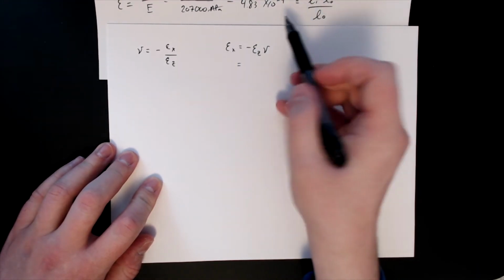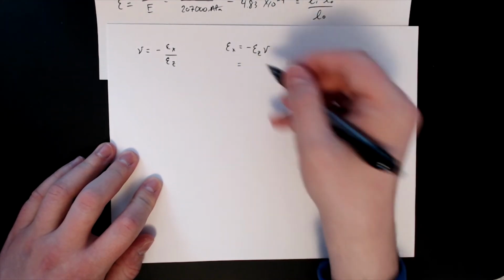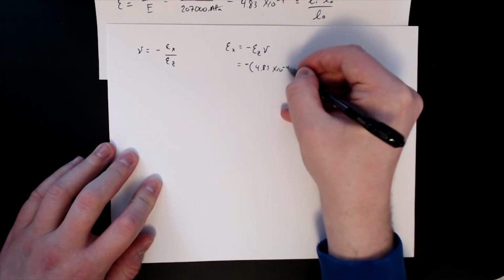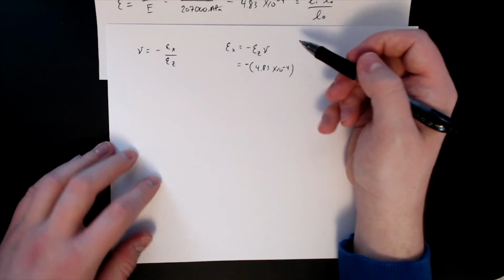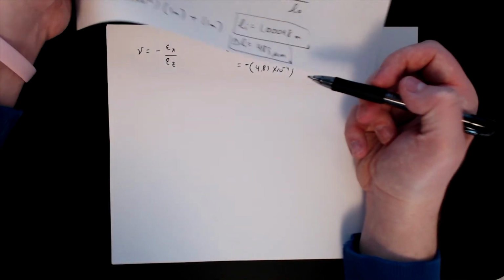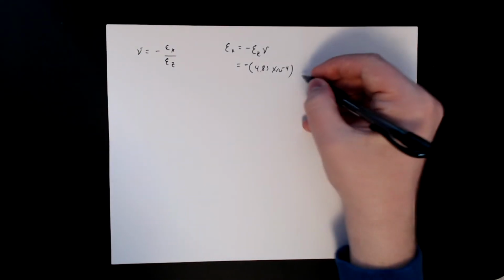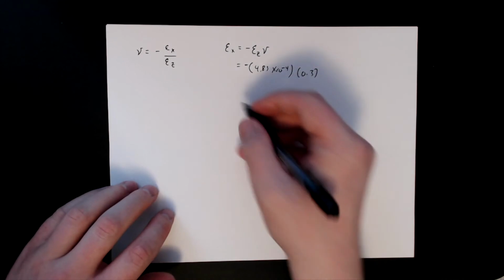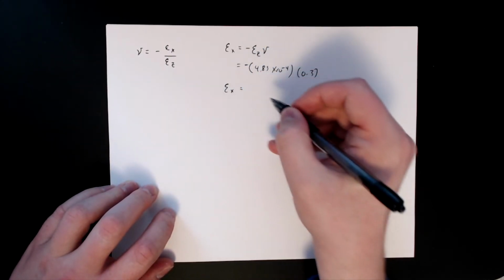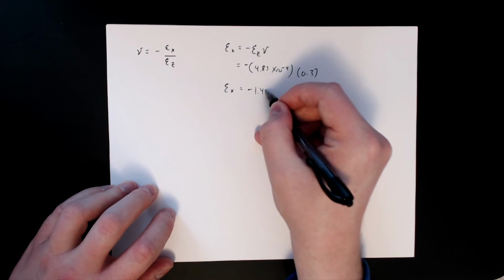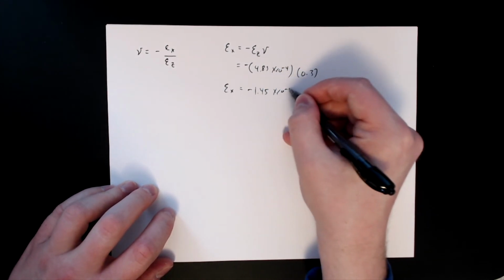And so that value, which we had from up here, 4.83 times 10 to the minus 4, and then our Poisson's ratio from the previous table of 0.3. If we plug that in, our lateral strain is going to be equal to minus 1.45 times 10 to the minus 4.